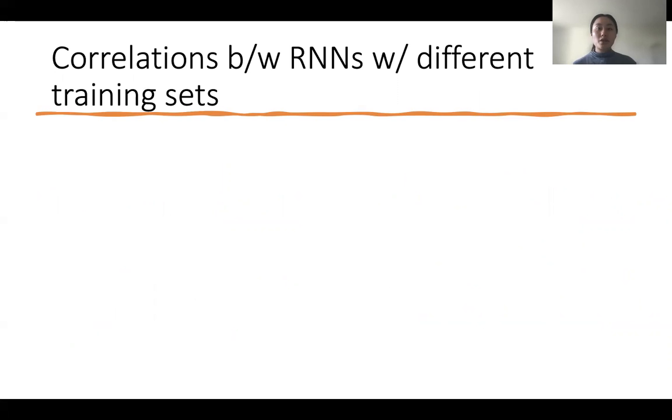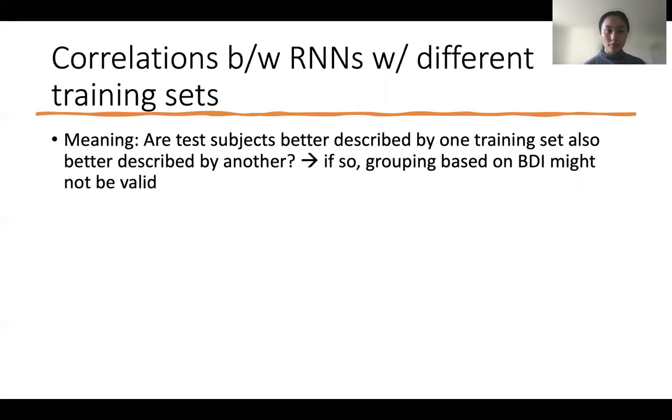So as an exploratory analysis, I also correlated the prediction accuracies of RNNs trained on different training sets. This analysis would allow us to tell if subjects that are better described by one training set are also better described by another. Because if so, grouping based on BDI scores might not be very behaviorally based, at least.